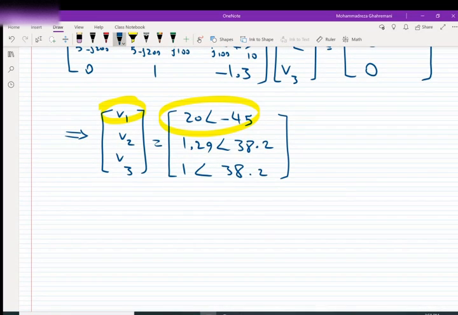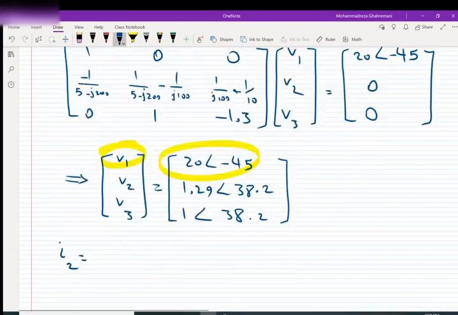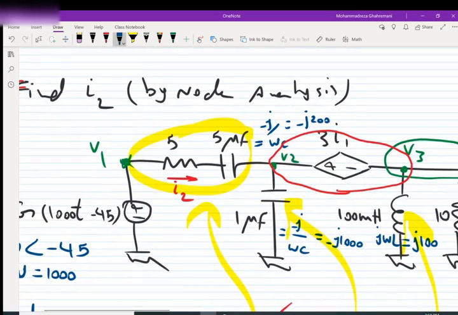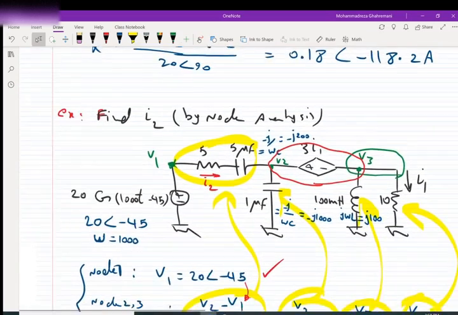Now we need to find I2. Let's go back to the circuit and see what is I2. I2 is V1 minus V2 over 5 minus J200.